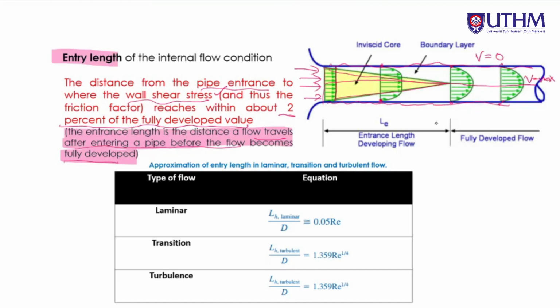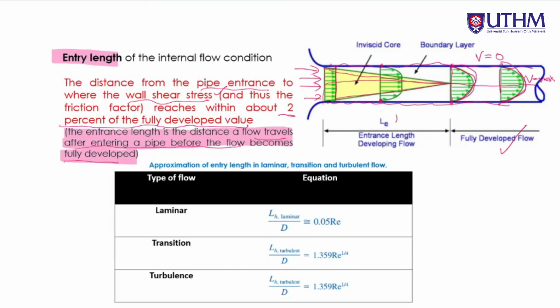Okay, so what is entry length? By definition tadi dia kata apa? The flow become fully developed. Kalau kita tengok dekat sini, dia become fully developed dekat sini, in which dia punya boundary layer punya shape tu dah constant. It is fully developed, the boundary layer.